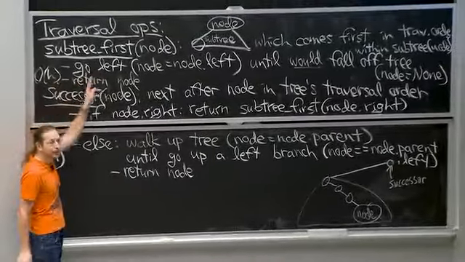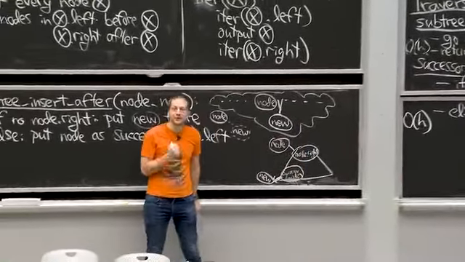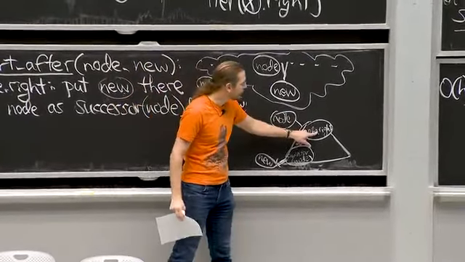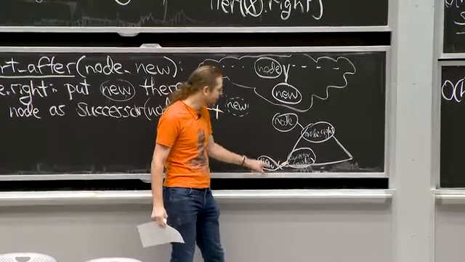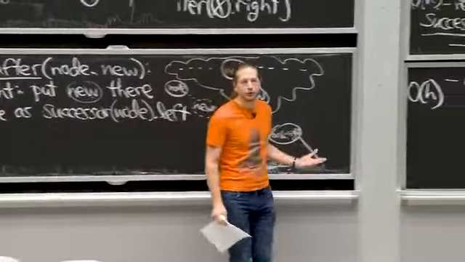And remember, subtree first went left as much as it possibly could. So what that means is this successor node is guaranteed to not have a left child, right? Because it was defined by going right once and then going left as much as you could. So there's no more left, which means we can make one more left. We just add new there, and we're done.